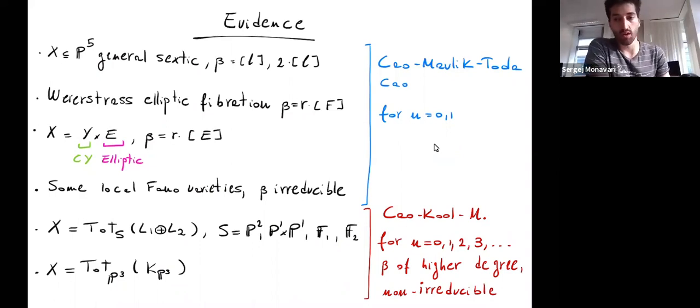In fact, what I'm going to explain, which is the heart of this work with Yalong Zhao and Martin Koh, can be applied for n as high as possible, and also for beta of as high degree as possible, and in particular non-irreducible. That's the main difference with their work.